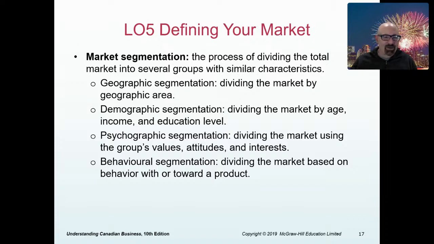Ontario versus British Columbia. The next level, Vancouver versus Kamloops. The next level, North Shore versus South Shore. Next level, Sahalee versus downtown. Next level, McGill Street versus Whistler Street.